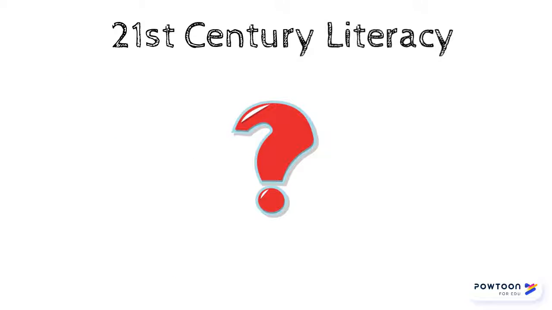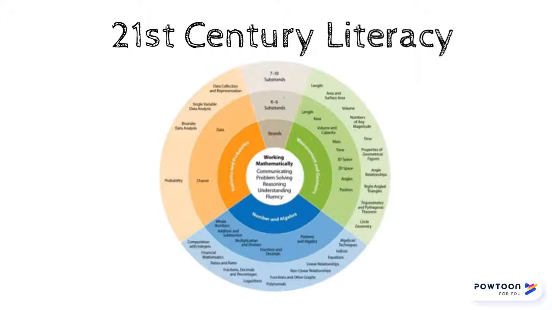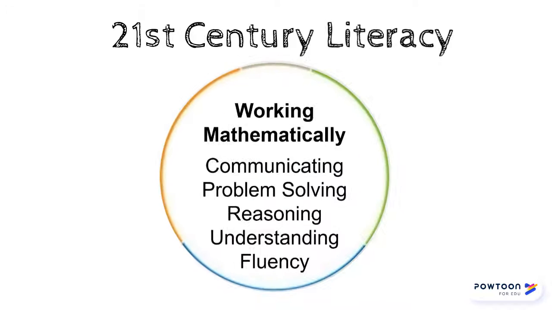So what does this mean for us as maths teachers? Surely literacy, or literacies, is the responsibility of the English department, or at least the humanities subjects. Not true. If we look at the core of the mathematics syllabus, we have the concept of working mathematically. This set of skills, communicating, problem solving, reasoning, understanding, and fluency, is threaded throughout the syllabus and inherently connected to literacy.